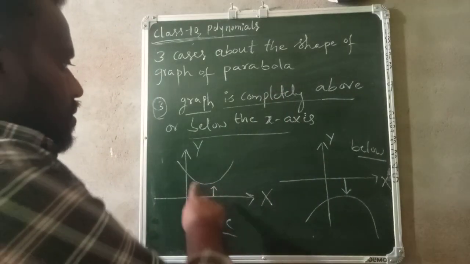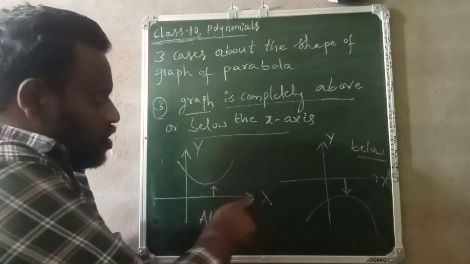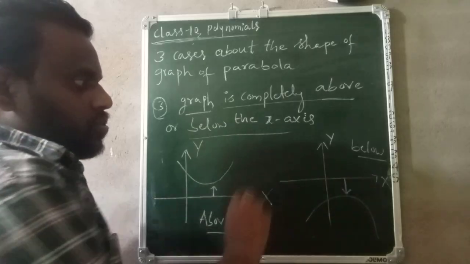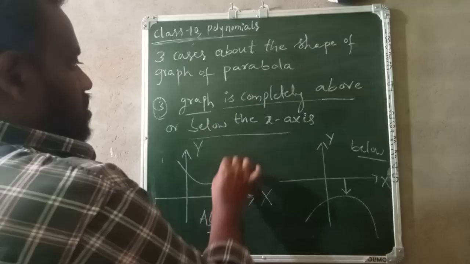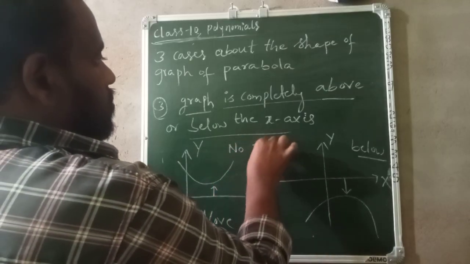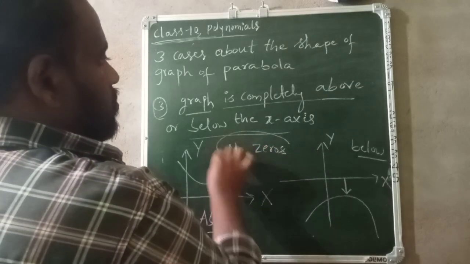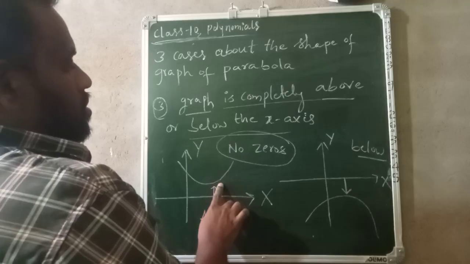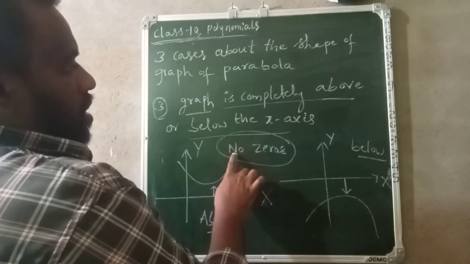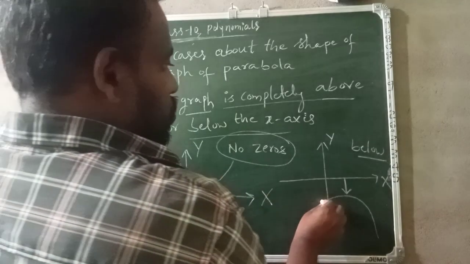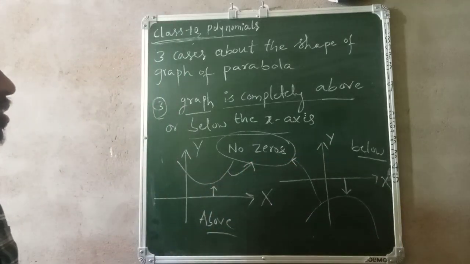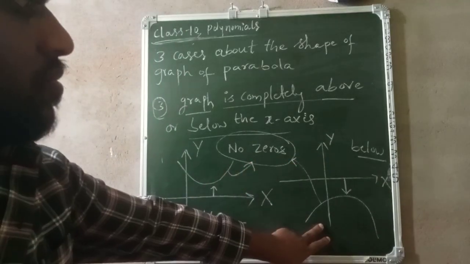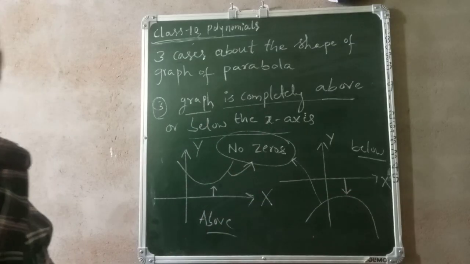But here the curve is not touching or cutting the x-axis, even here also. That means no zeros. So this function also has no zeros. Even this also has no zeros. Both this and this function or graphs have no zeros at all.